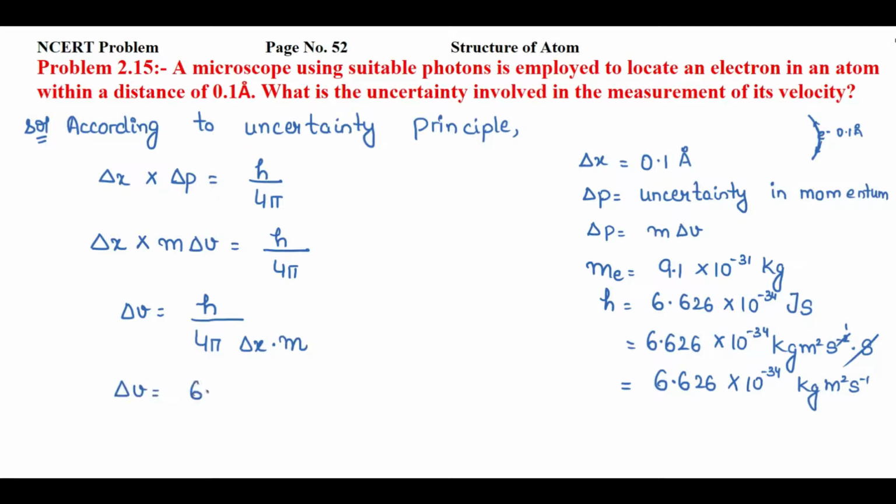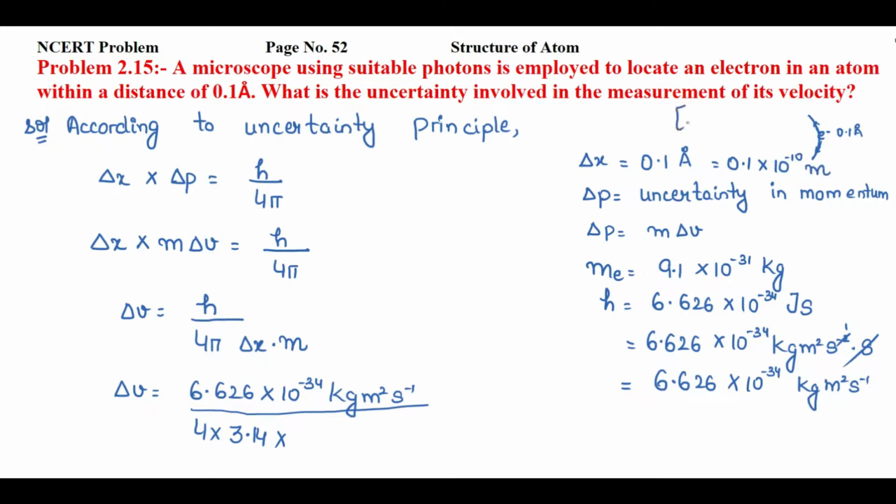H is Planck's constant, 6.626 into 10 raised to power minus 34 kg meter square second inverse divided by 4 into pi 3.14. This delta x is in angstrom. We have to convert this value in meter so that we can cancel the units. So in 1 angstrom, we know that there are 10 raised to power minus 10 meter, right? So here you can write 1 angstrom equal to 10 raised to power minus 10 meter, right?